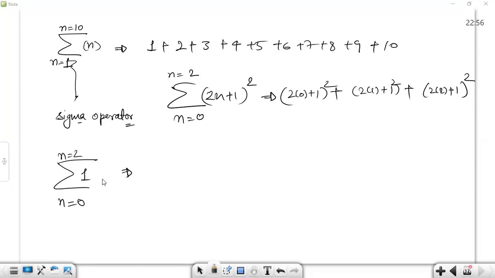So now this time the function is constant. For n equals 0, it remains 1. For n equals 1, it is 1. For n equals 2, it is 1. So the answer is 3. Whatever the number of terms are here, that is going to become our answer. Great. Clear?